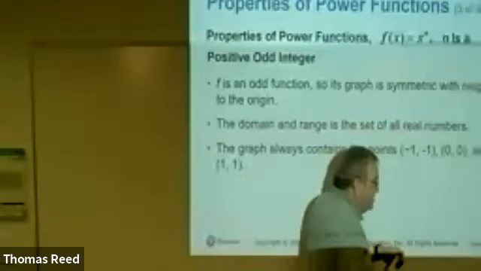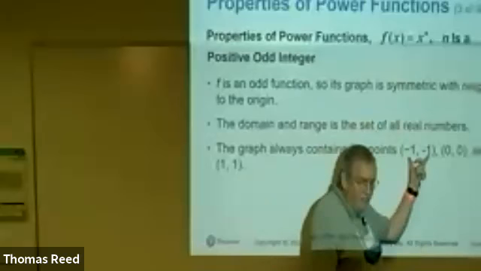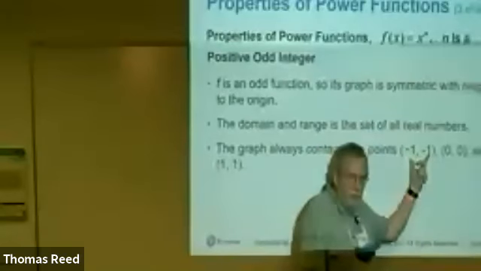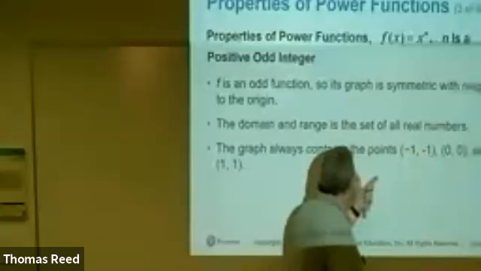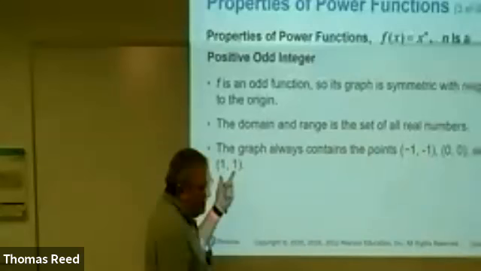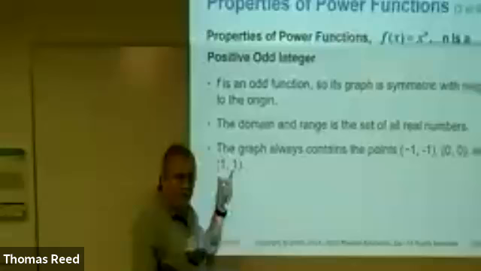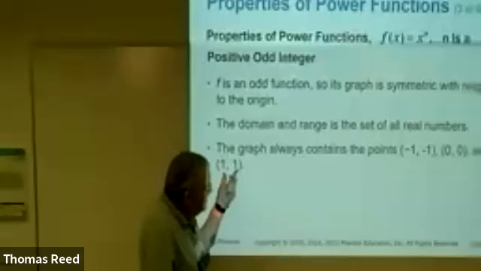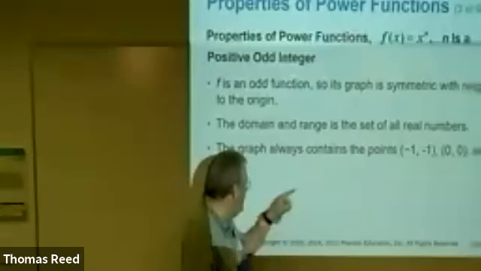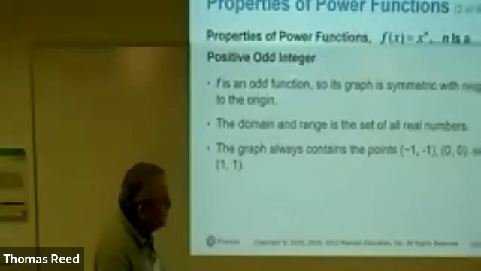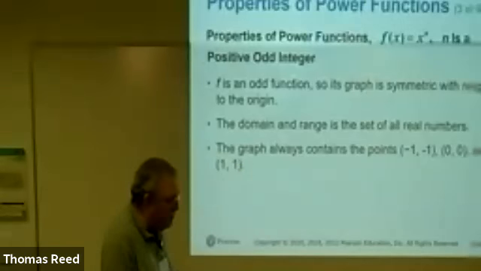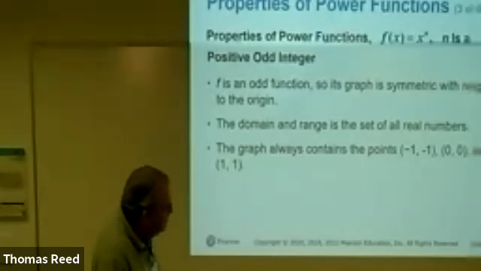Because with an odd function, if you change the signs of both x and y, you'll get another point that is on the graph. So if I change the signs here, I get that one. If I change the signs there, I get this one. And 0, 0 is just 0, 0 no matter what you do to it by multiplying. Okay.